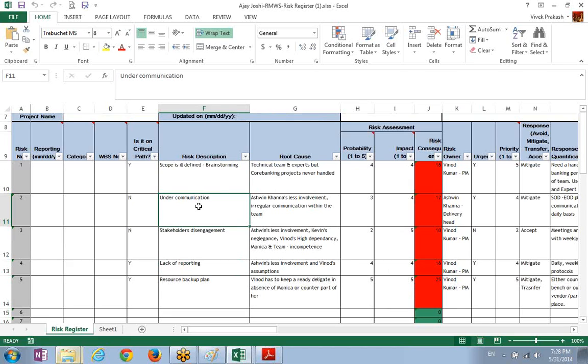Top 3 actually forces us to think about the 10 risks which we have thought of, which one is the biggest one, and then filter only those.